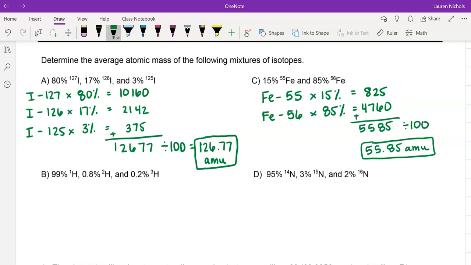Just remember, you always multiply the mass number times the percent abundance, or relative abundance, and then you divide by 100 after you've added them all together. Those are the main steps, and you should continue to practice.